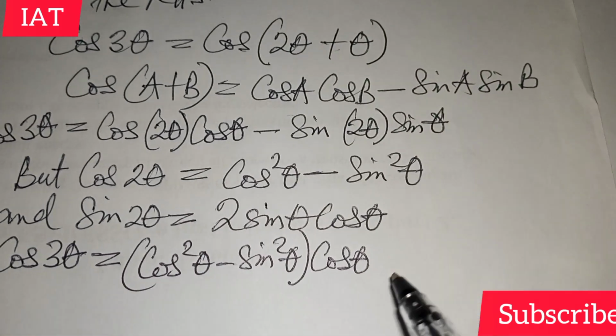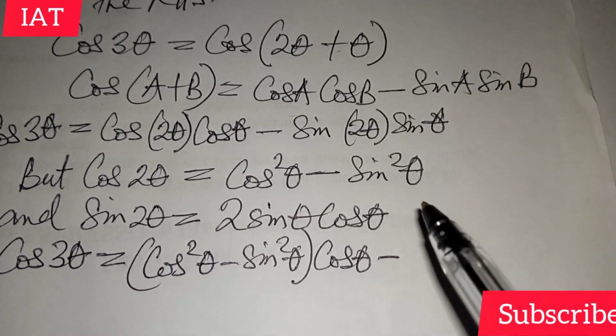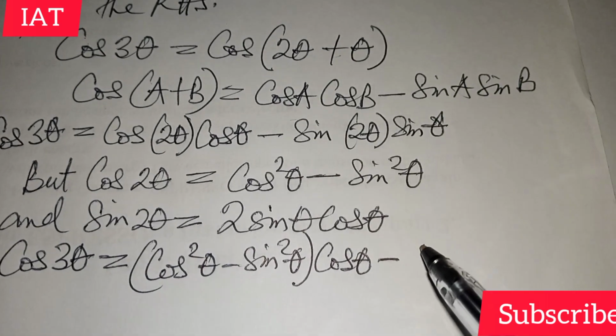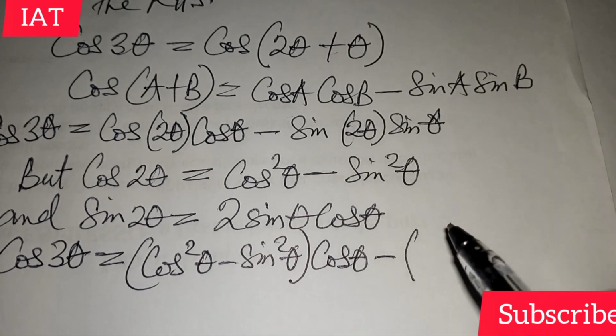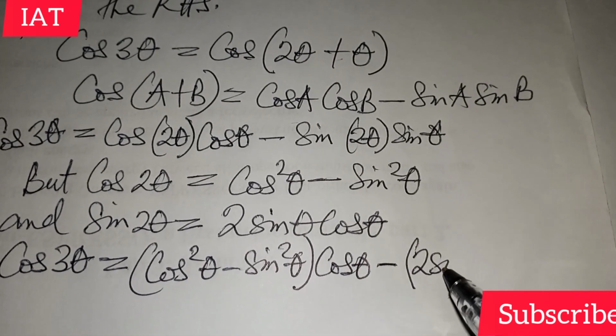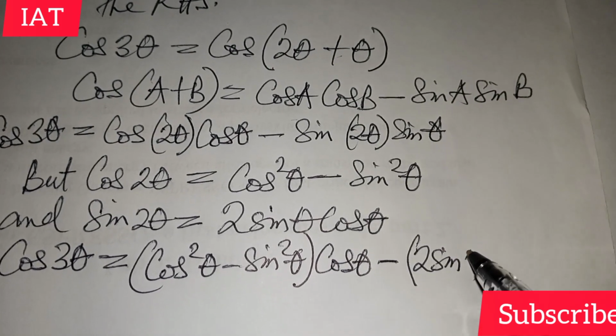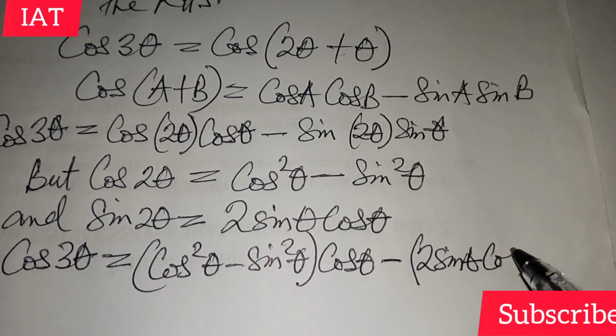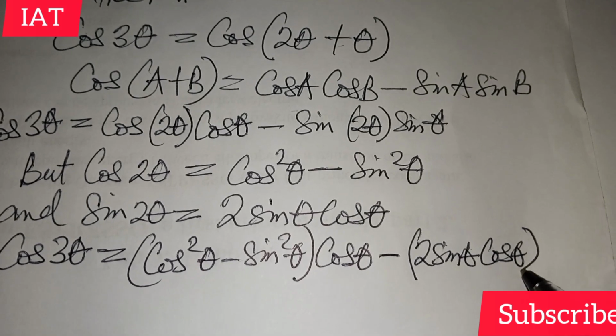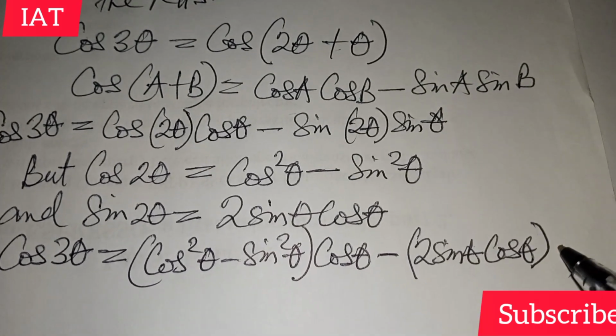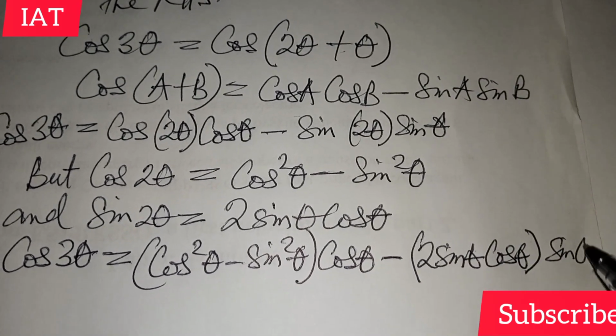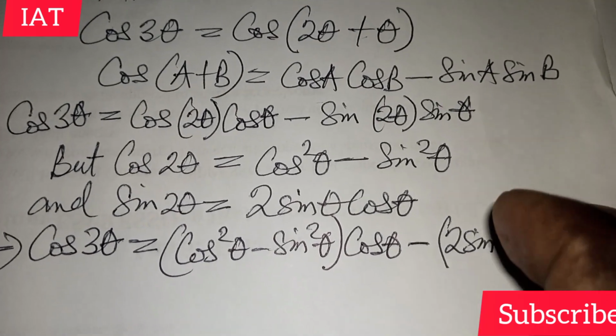Again, we have minus, in place of sine 2 theta, I will replace it with 2 sine theta cos theta, right? And then we have sine theta attached to it.